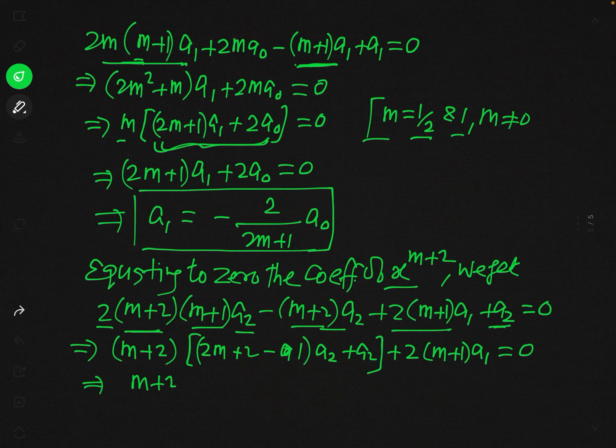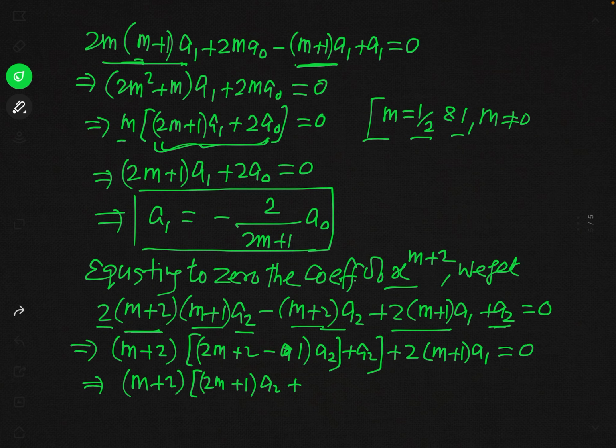So you can see this is m plus 2 into 2m plus 1, 2 minus 1, 1, into a2.